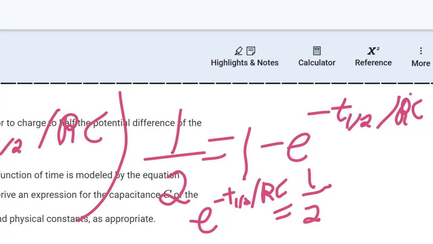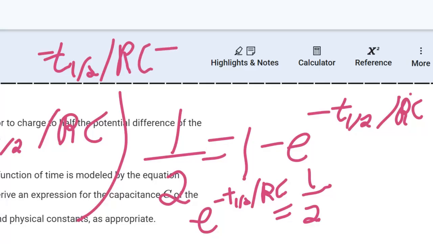And then we're going to have to take the natural log of both sides to cancel out that e. So then we get ln of 1/2. Sorry, my algebra today is not the best. They're rusty from break.